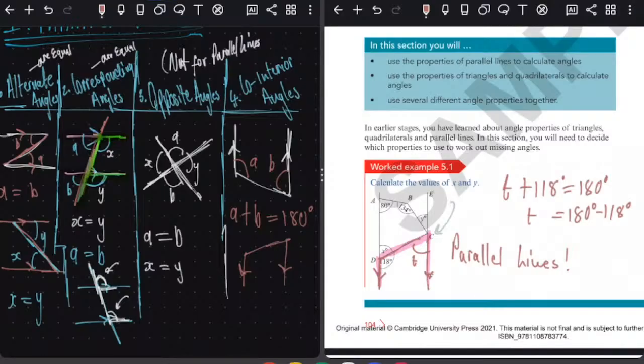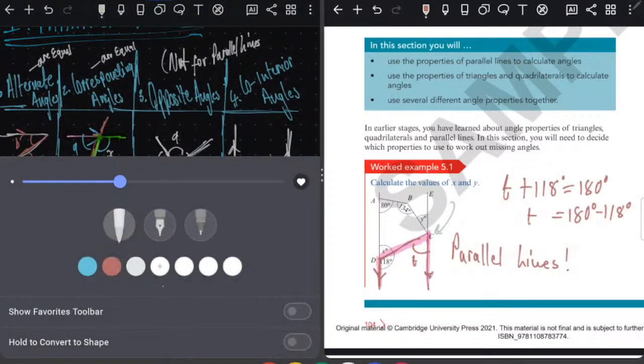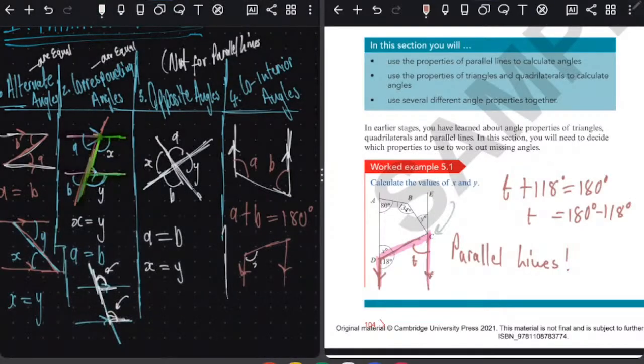If you look at it, X, Y. X plus Y will be 180 degrees. Okay? You understand?